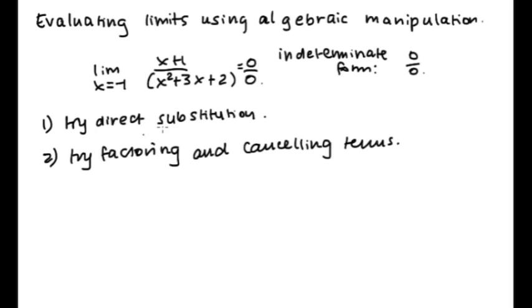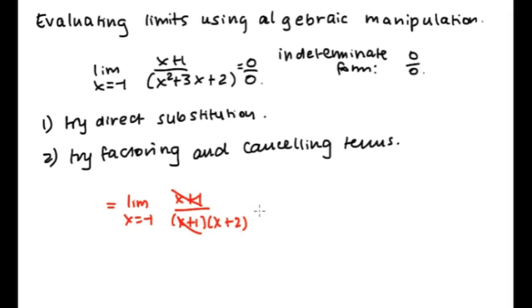So here, x squared plus 3x plus 2 is about as basic of a factoring trinomial as you can get. So this is going to equal the limit as x approaches -1 of x plus 1 over x plus 1 times x plus 2.